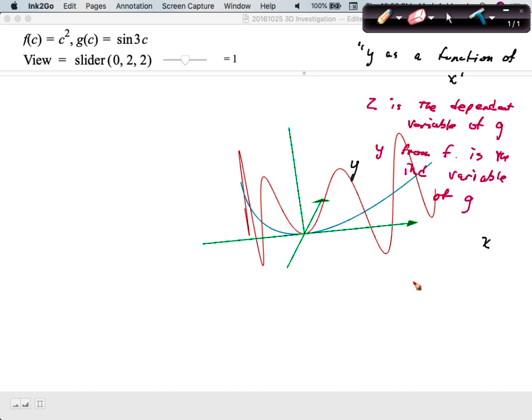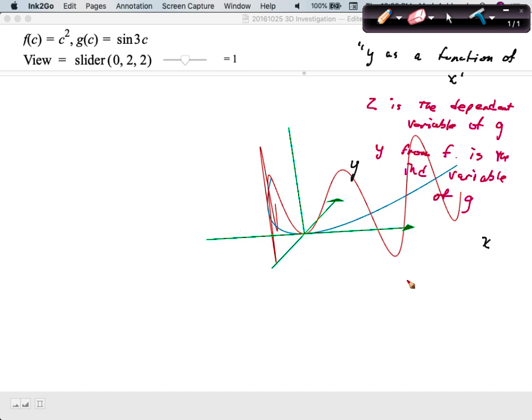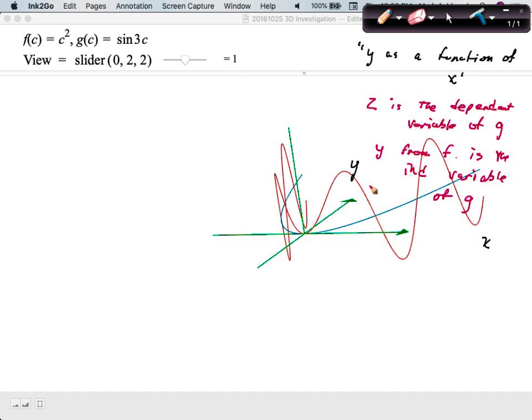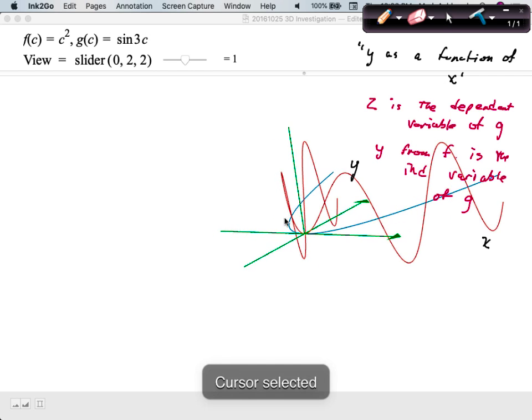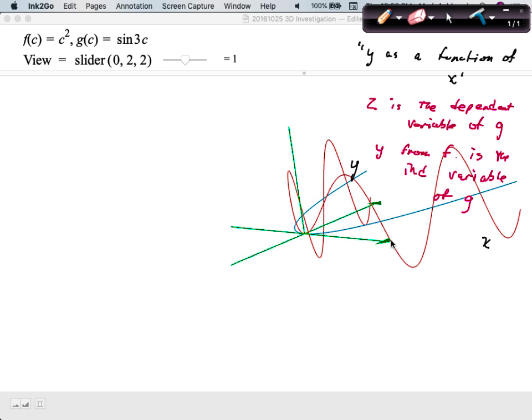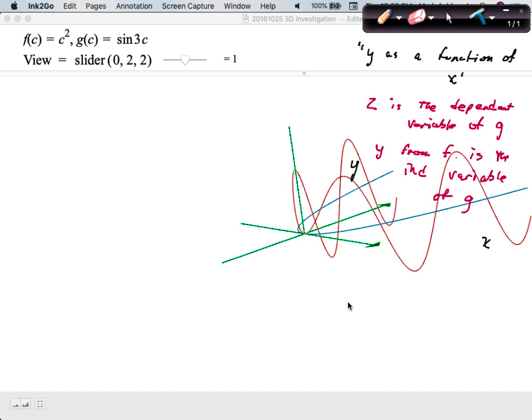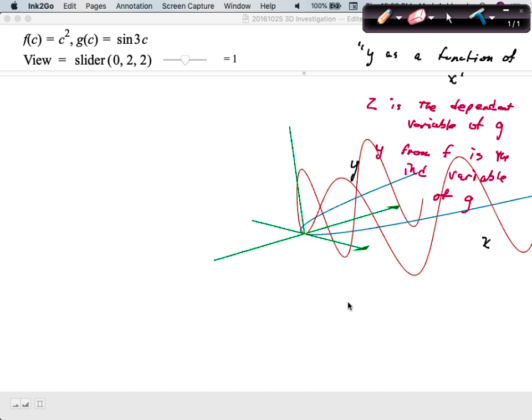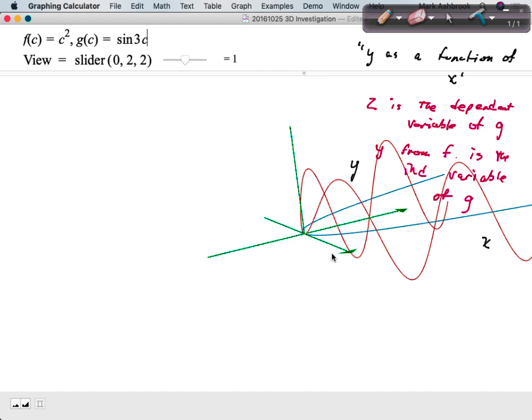And now, how do we know that that independent variable for g is y and not x? So there's a big hint here.